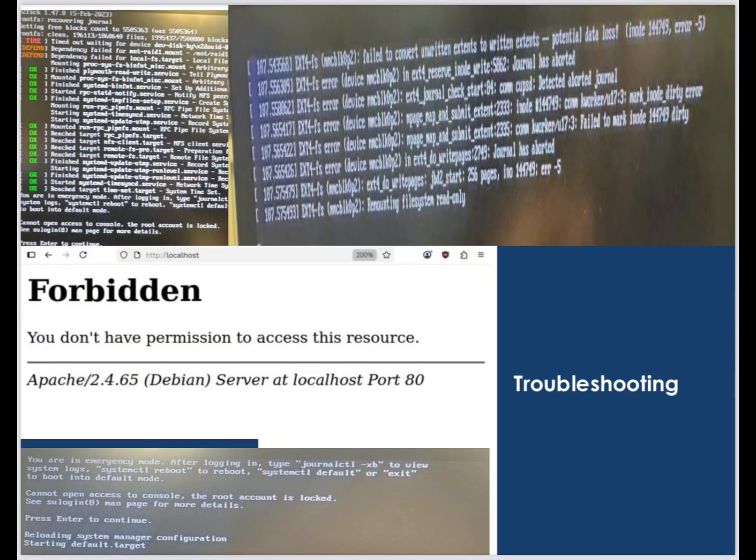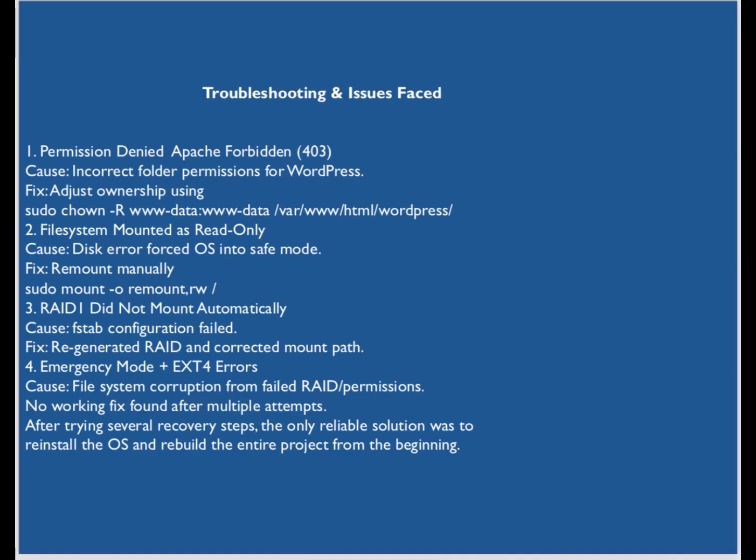Troubleshooting was one of the most important learning parts of this project. I faced many issues and each one helped me understand the system better. Problem 1: the ext4 file system was corrupted and the Raspberry Pi could not boot. During configuration, the ext4 file system became damaged and the Pi entered recovery mode.